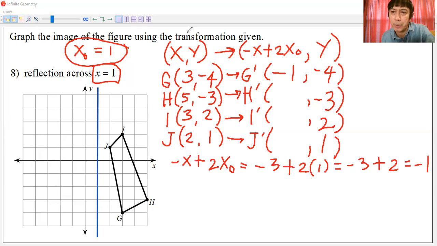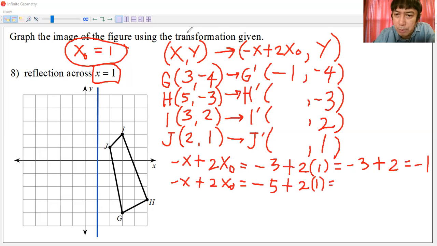Let's now have H prime. This is -x plus 2 times x of 0. The x in point H is 5, so negative 5 plus the same, 2 times 1. We have -5 plus 2, it's -3. Then we proceed to I prime, the same formula.